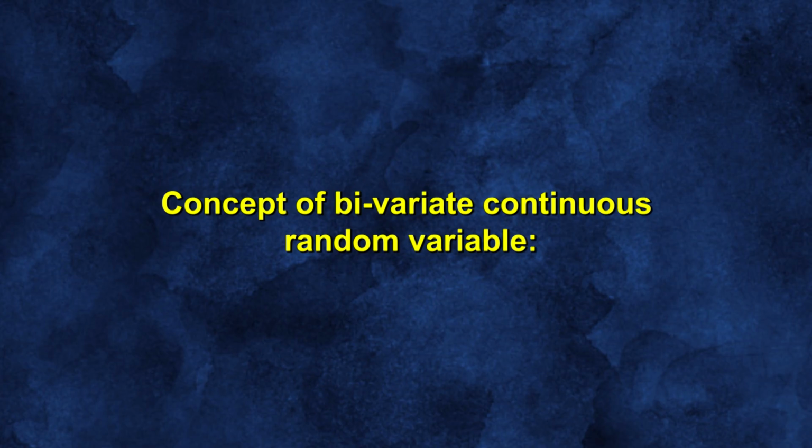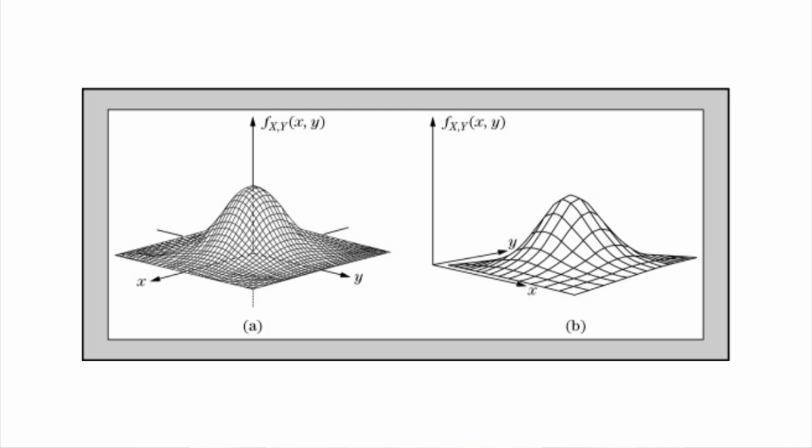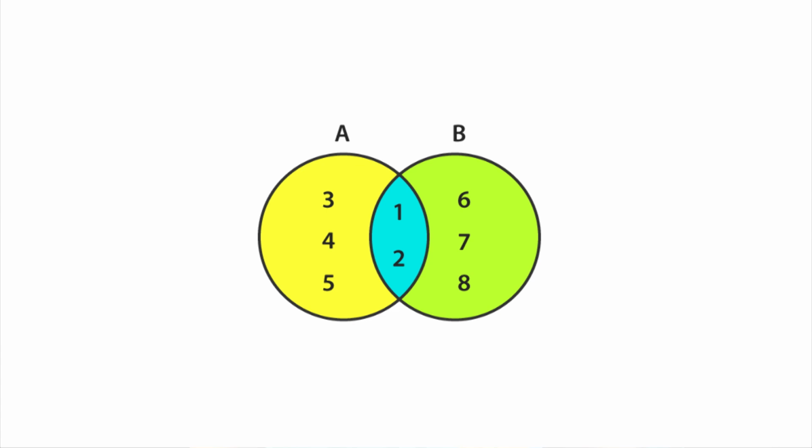Concept of bivariate continuous random variable. The study of bivariate continuous random variables involves two related random variables that can take on a continuous range of possible values. This means that both variables can take on any value within a given range, which may be finite or infinite, but it is still countable.